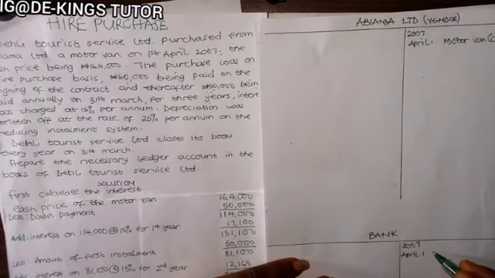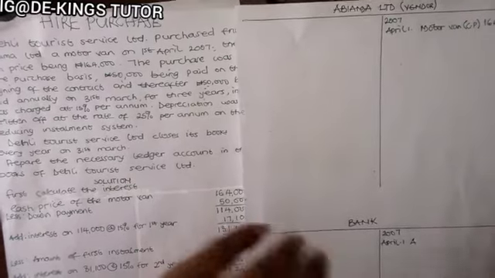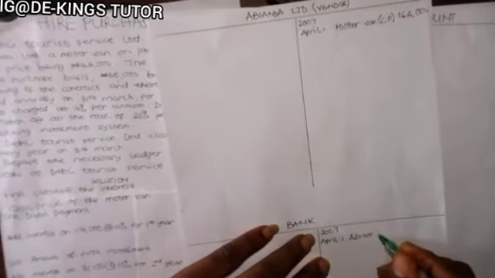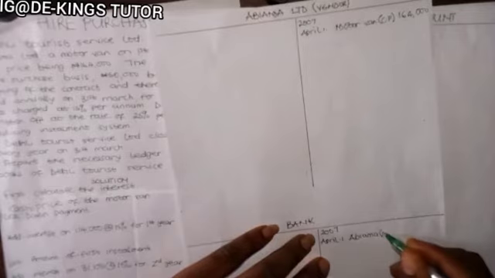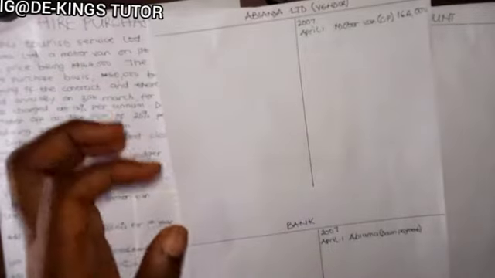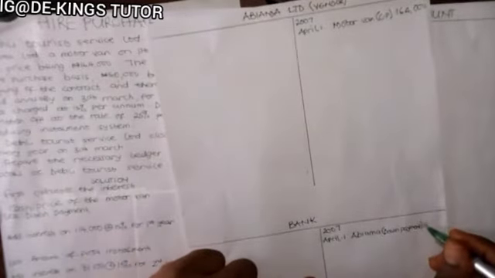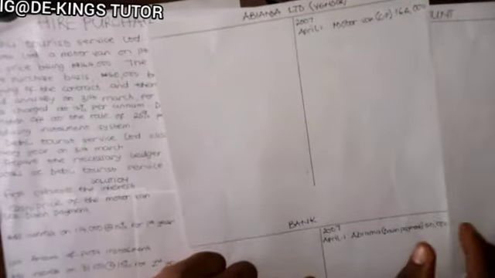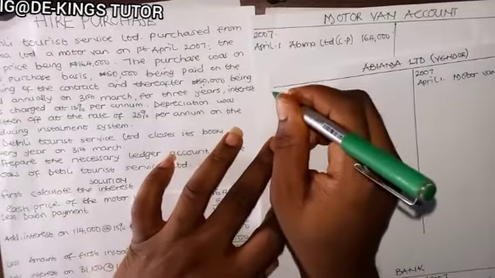We'll write Abiama on down payment or deposit, whichever one. And the amount is 50,000.